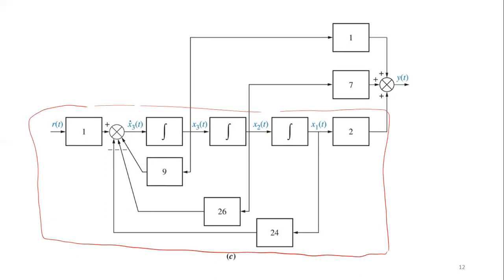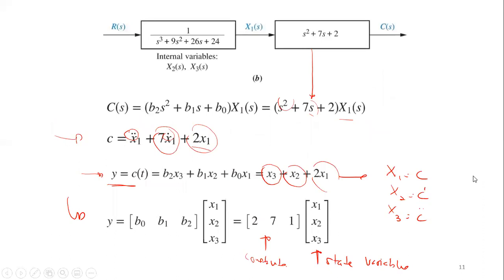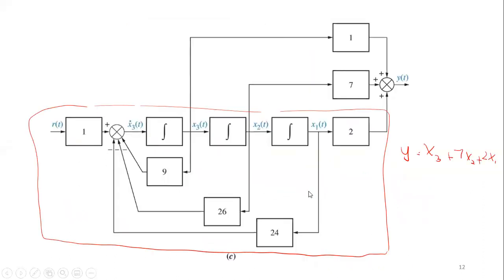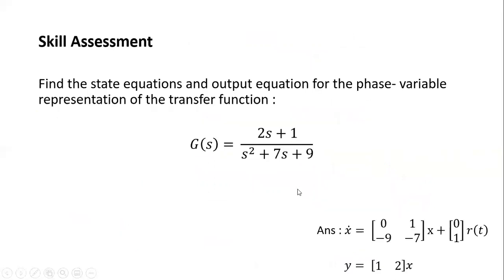The upper part here, which is y equals x3 plus 7x2 plus 2x1. So just take time to follow it back, then you get the whole thing.